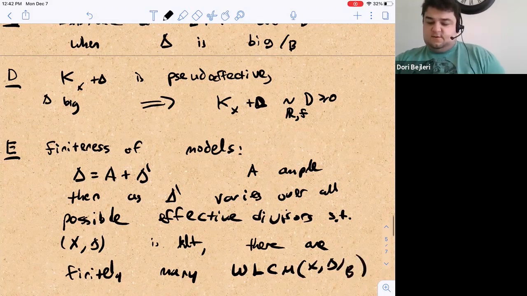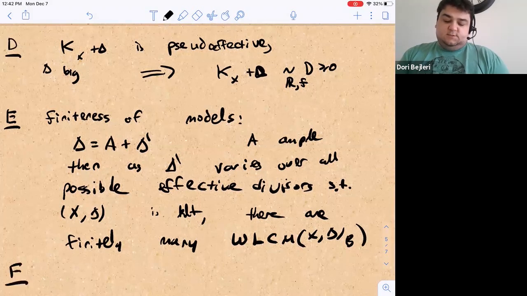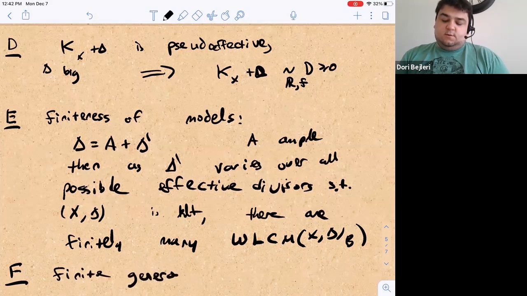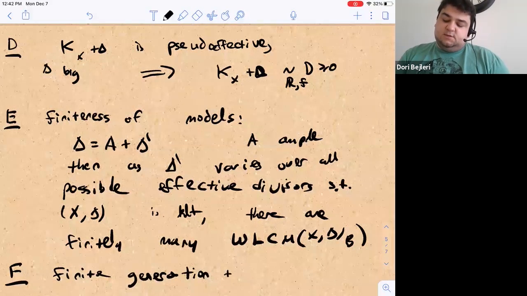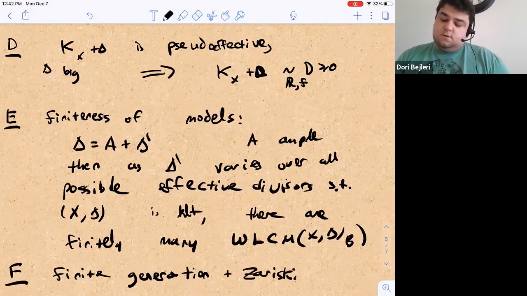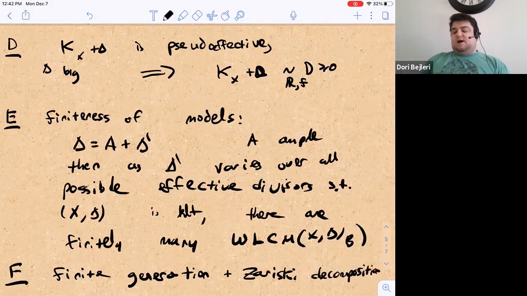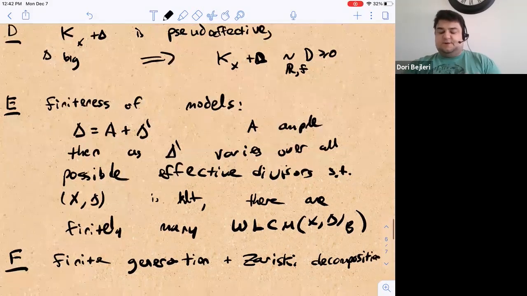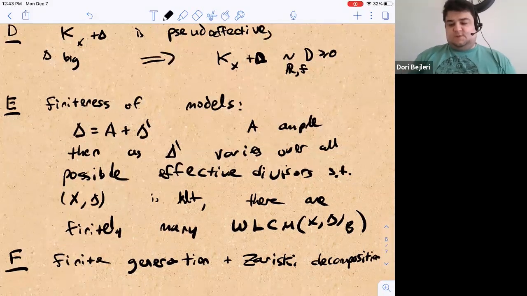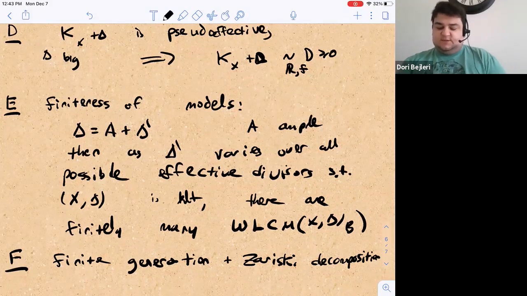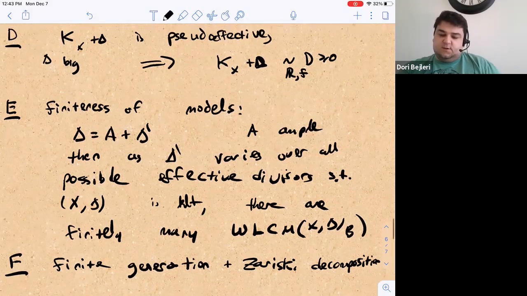And then finally, the last part is the actual finite generation of the canonical ring result, plus what they call Zariski decomposition, which is a decomposition of the log canonical divisor in a special form that lets you understand the base locus essentially of the sections. But I won't write down the details of the Zariski decomposition result.